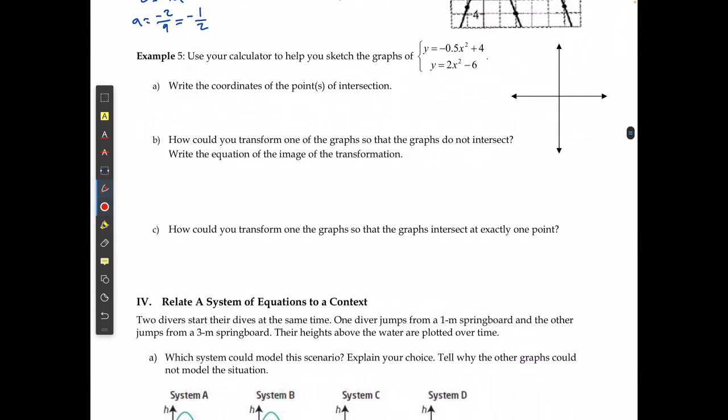For example 5, when we graph these out on our calculator, we can make a rough sketch of what these look like. So I have my first equation is going to look something like this.